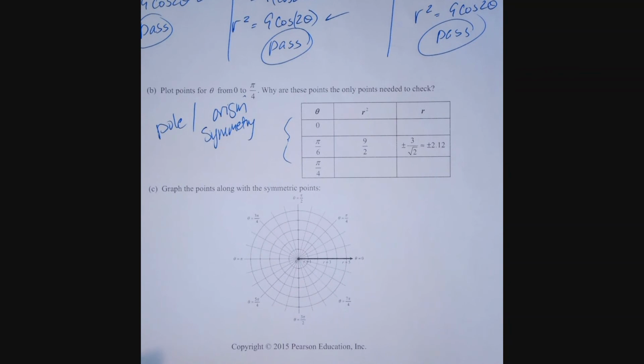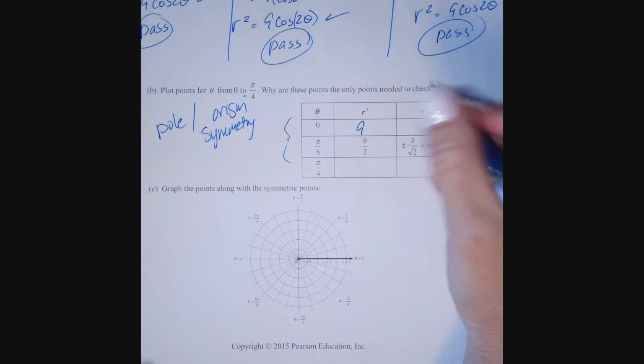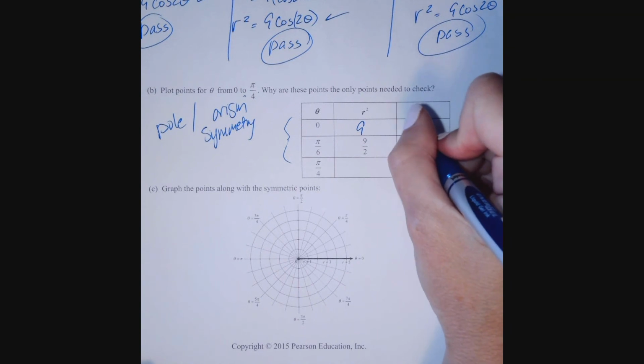Okay, 9 times cosine of 2 theta. Cosine at 2 theta is the same thing if I have 0 for theta, that is going to just be 9. So r, therefore, is plus or minus 3.